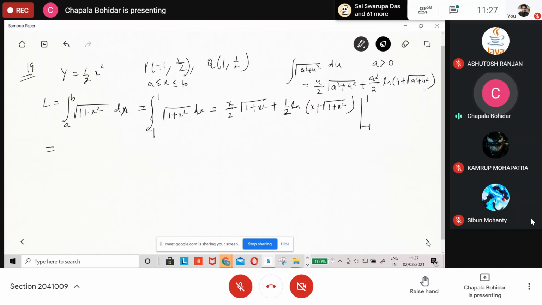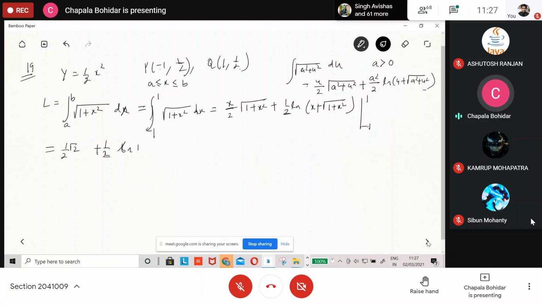When I put the value 1, what do I get? It is 1 by 2 root 2 plus 1 by 2 ln of (1 plus root 2).